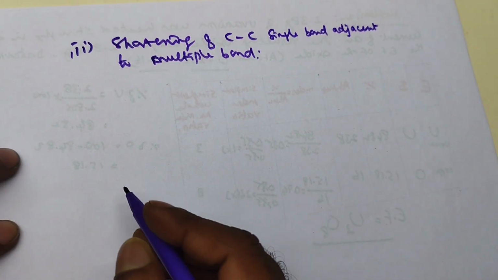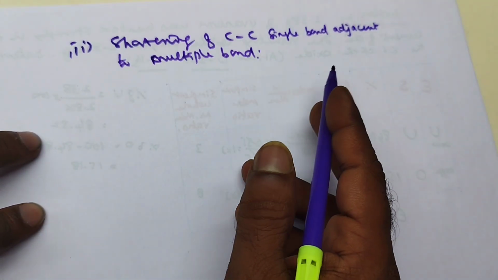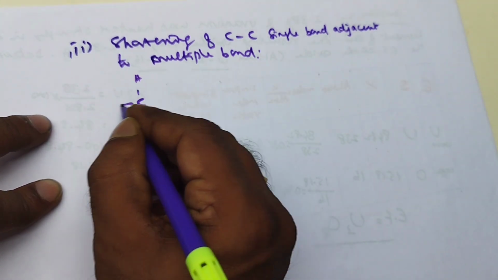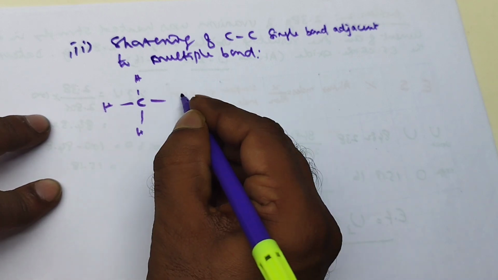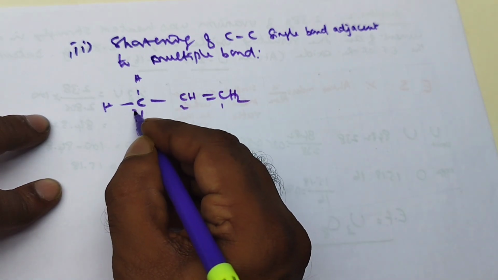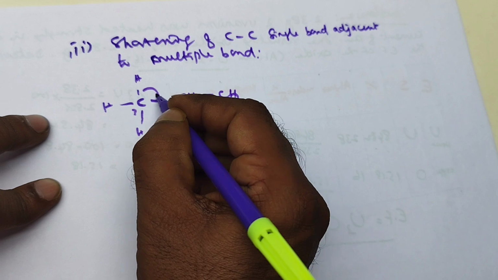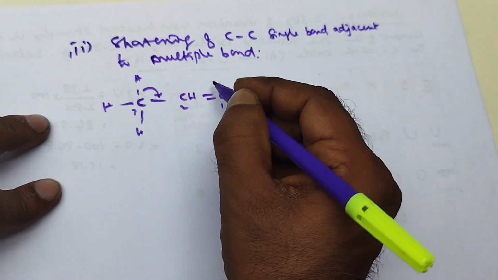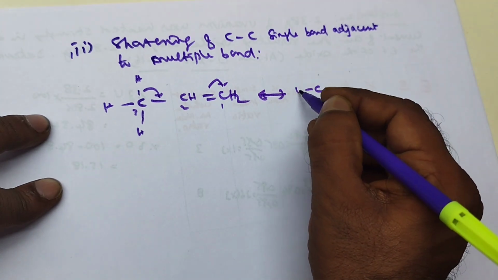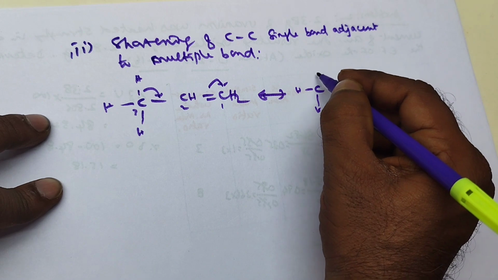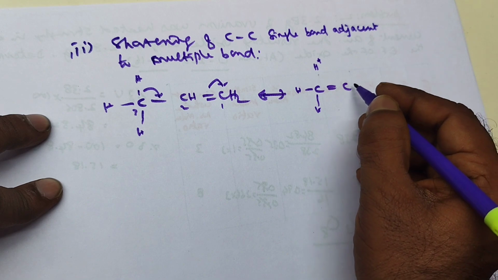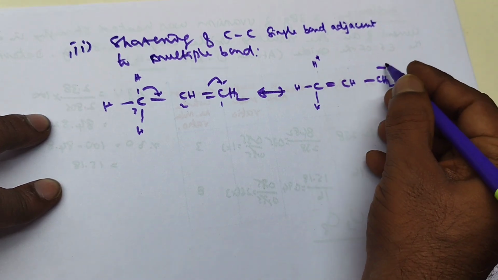The second application is shortening of the carbon-carbon single bond adjacent to a multiple bond. I will take an example like propene. You can number the carbon atoms as 1, 2, 3. Here there is a shift of sigma electrons, and this will become a minus charge. So you write the resonance structures: CH2 with no bond between H plus and the carbon, double bond CH, CH2 minus.